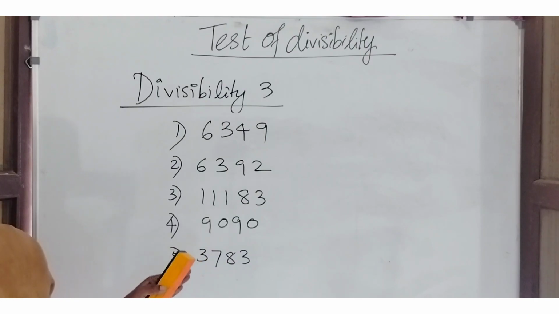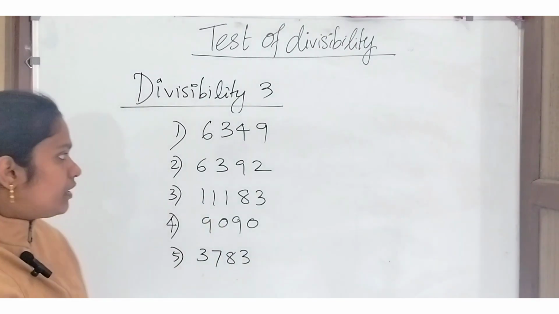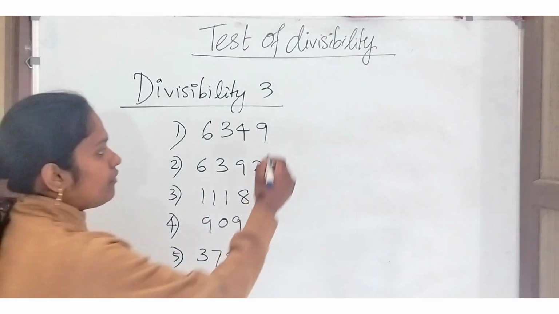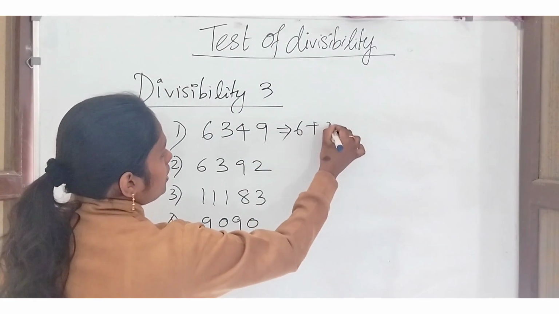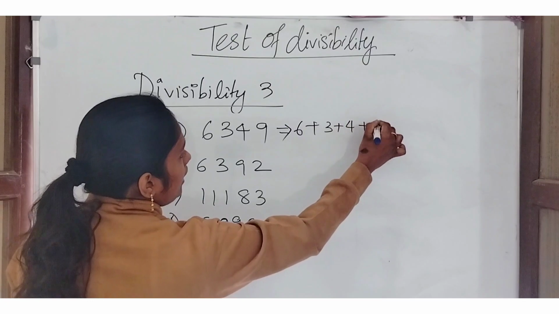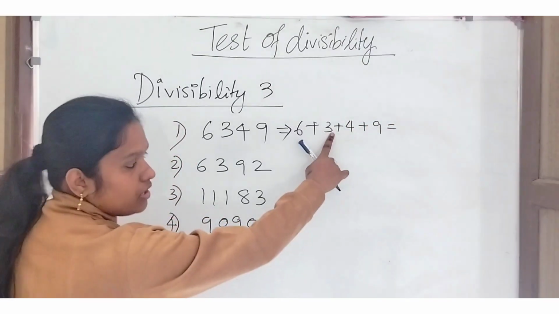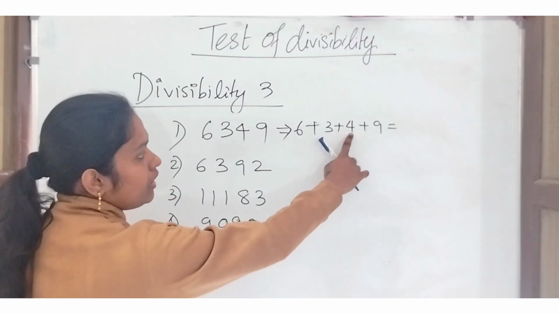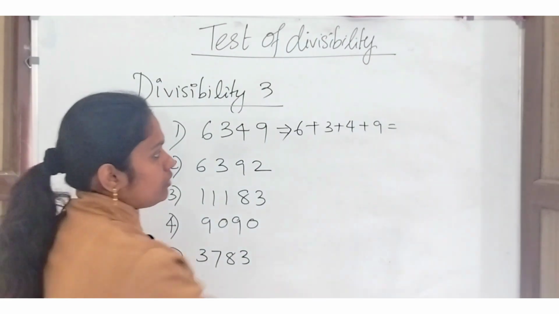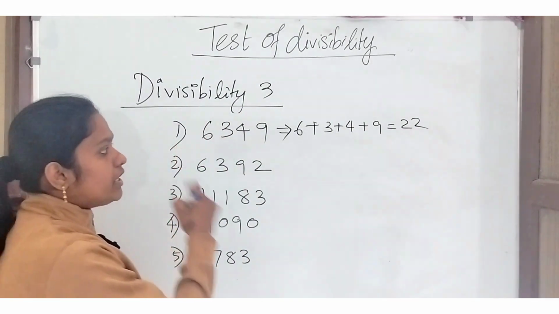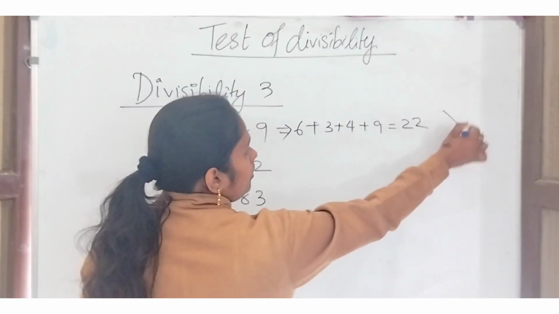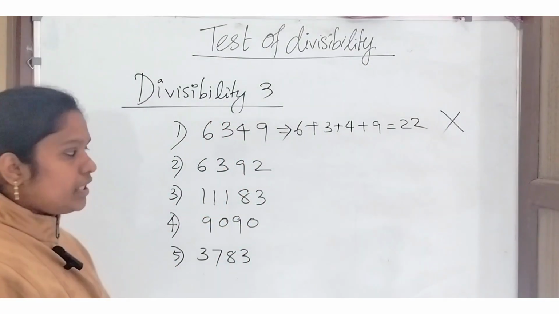Then we are going to check the divisibility of 3 for more numbers. First we have to take the sum of all digits. Here 6 plus 3 plus 4 plus 9: 6 plus 3 equals 9, plus 4 is 13, plus 9 equals 22. 22 is not divisible by 3, so this number is not divisible by 3.